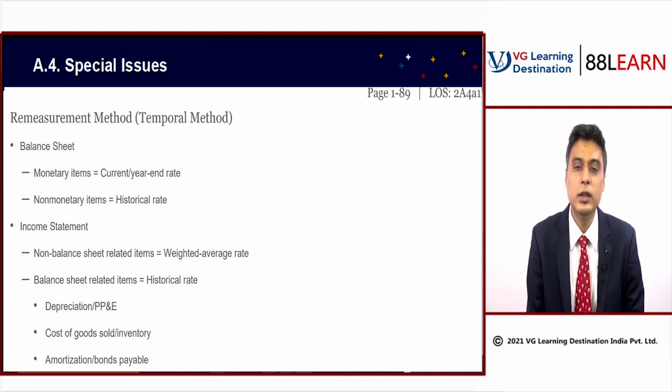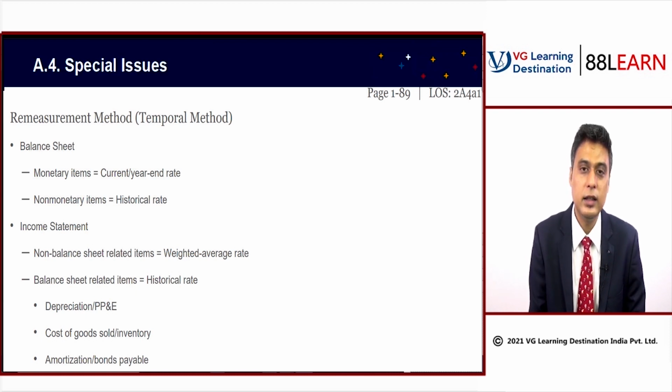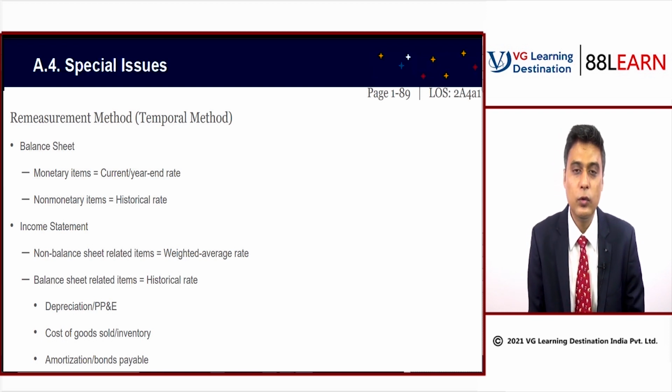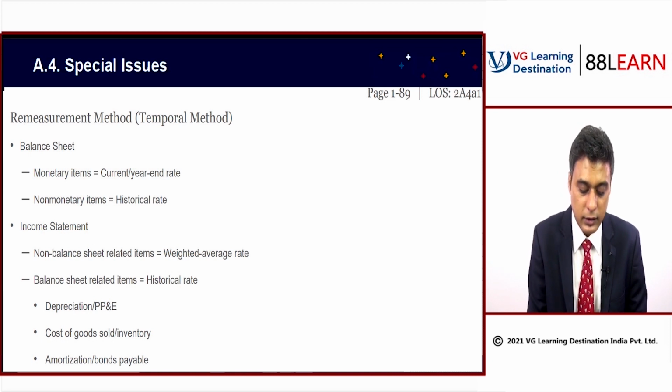And then stockholders equity is also at the historical rate, like non-monetary items, right? So overall, in remeasurement method, we are dealing with three types of rates: the year-end rate, the historical rate, and the weighted average rate.